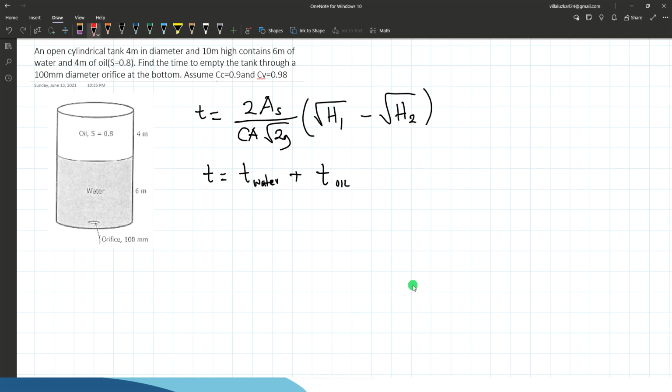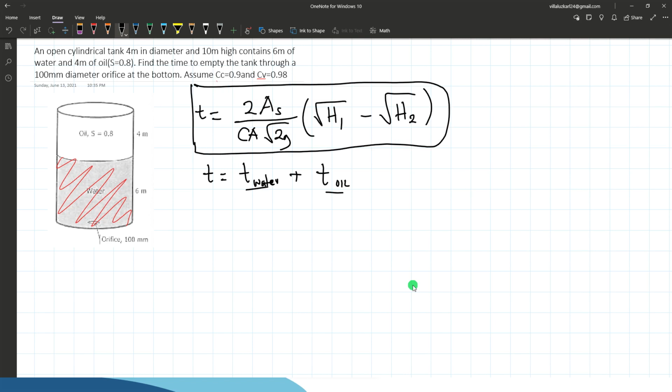Because the water will first come out, then after all the water is removed from the container, what remains is the oil, and the oil will also come out of this orifice. So we will compute them separately. Using this equation, what will vary here is the height that we are going to use.